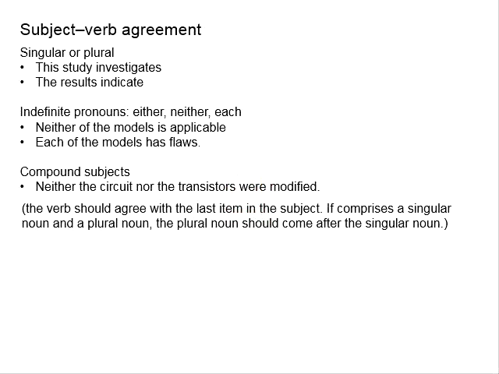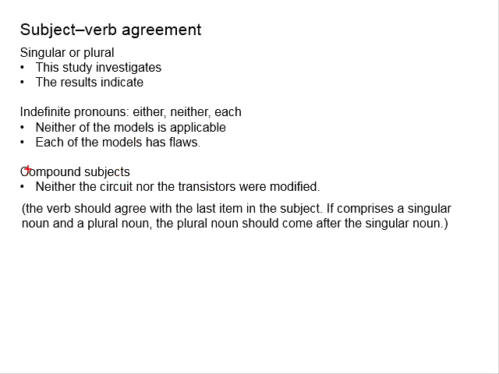There is one more thing that you need to know. If the sentence comprises a singular noun and a plural noun, normally you should put the plural noun after the singular noun, which in this case means the singular should come before the plural.